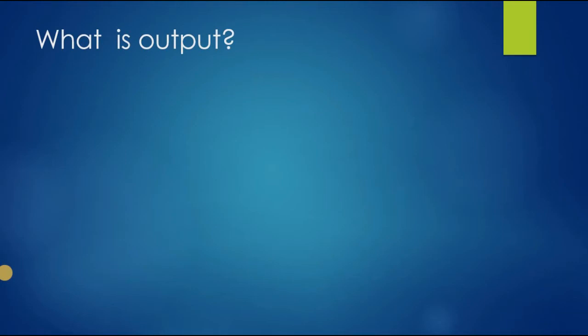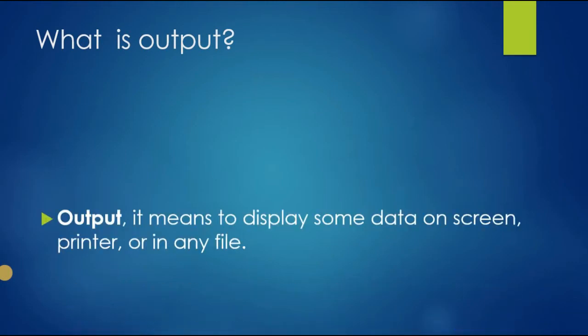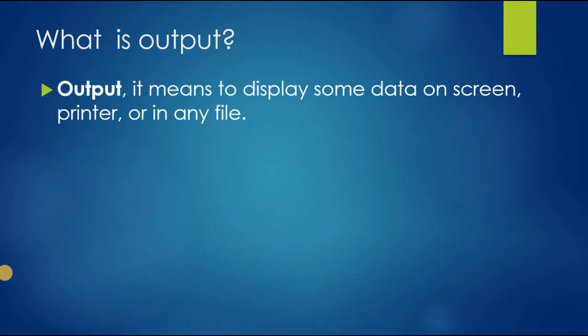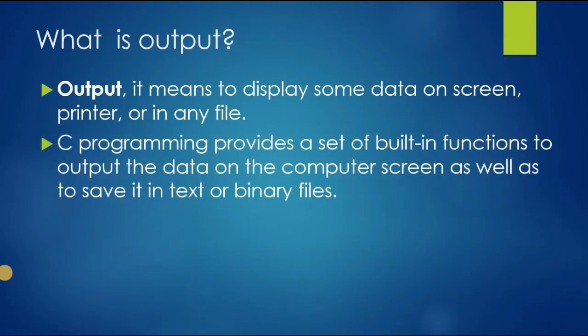Next one is output. What is the output? Output means to display some data on a screen, by a printer, or in any file. C programming provides a set of built-in functions to output the data on the computer screen as well as to save it in text or binary files.